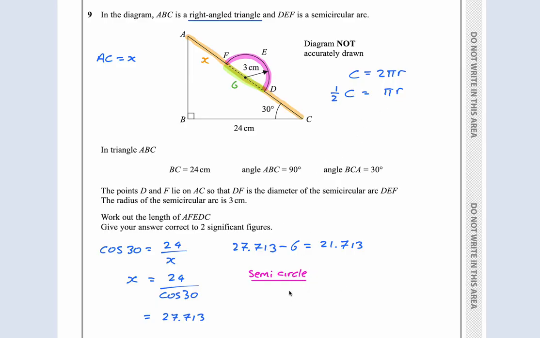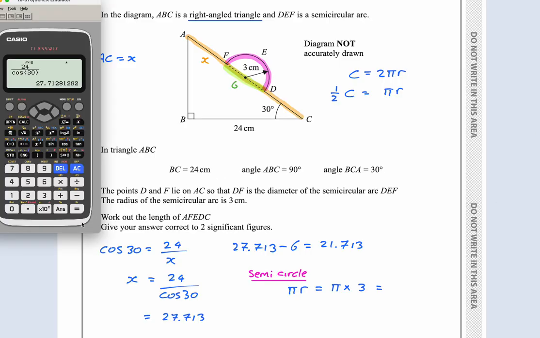The semicircle is pi r, which is pi times 3. Pi times 3 is 3 times pi, which is 9.425.